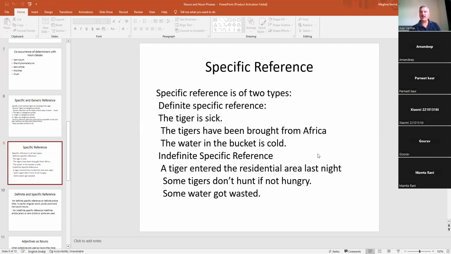As the slide tries to make clear to you, a definite specific reference, with the article the, is a reference to something which can be identified by the speaker and the listener. So it is not a general reference.